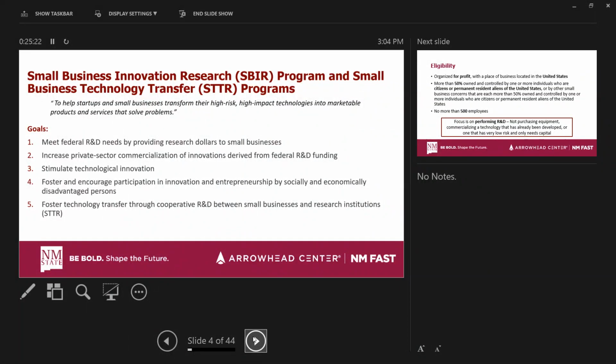Broadly, the goals defined by the programs themselves are to meet the federal R&D needs by providing research dollars to small businesses like yourself, increasing private sector commercialization of innovations, stimulating technological innovation, fostering and encouraging participation in innovation and entrepreneurship, and fostering tech transfer, really connecting small businesses to research institutions, and that's very specific to STTR.